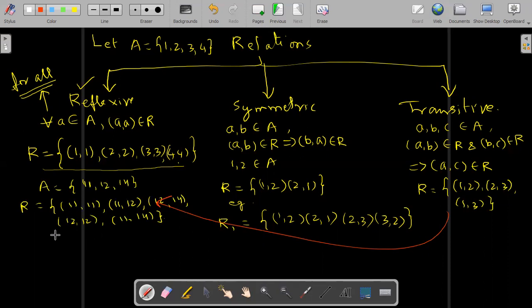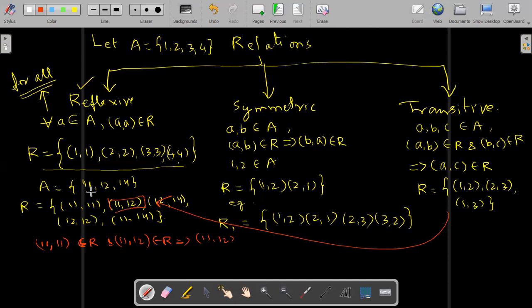First we take this combination, 11 11 and 11 12. 11 12 belongs to R, then it implies that 11 12 must belong to R, which is itself this one.